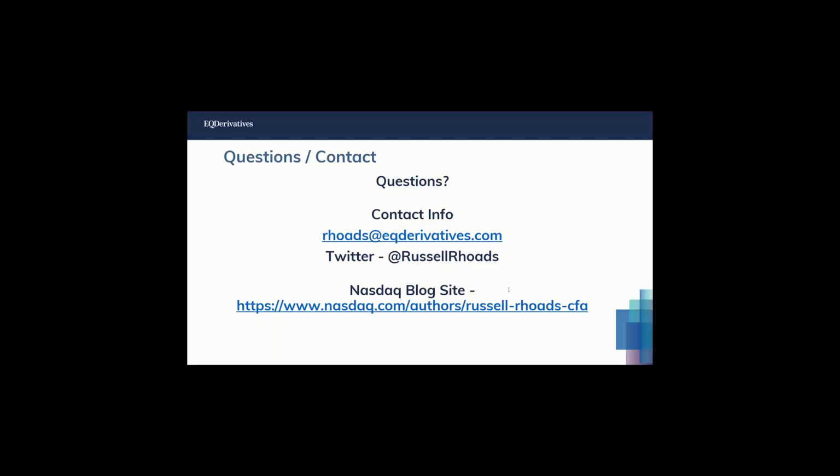I got a question from Lloyd. Lloyd, sometimes I use 252. If I'm looking at converting for a 1-day standard deviation move, I'll use 252. If I'm looking at anything past a week that's going to incorporate a weekend, I start to move over to 365.